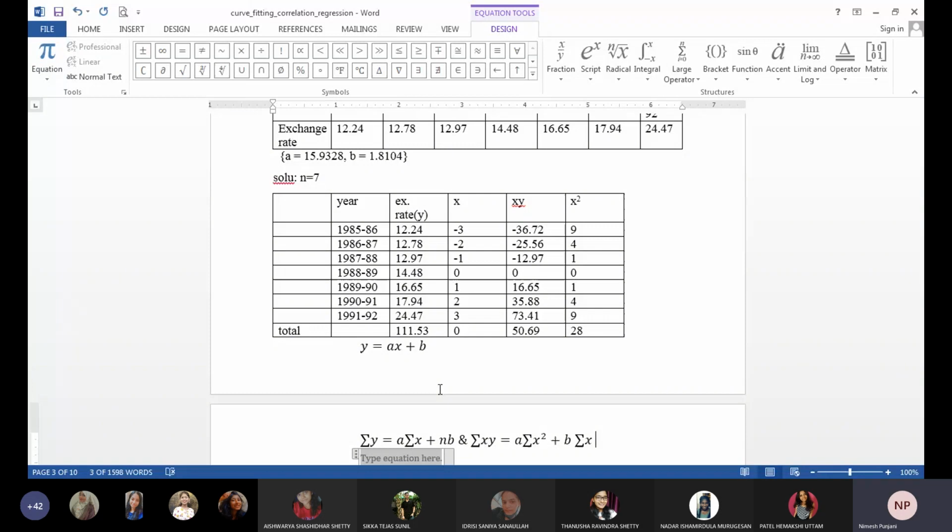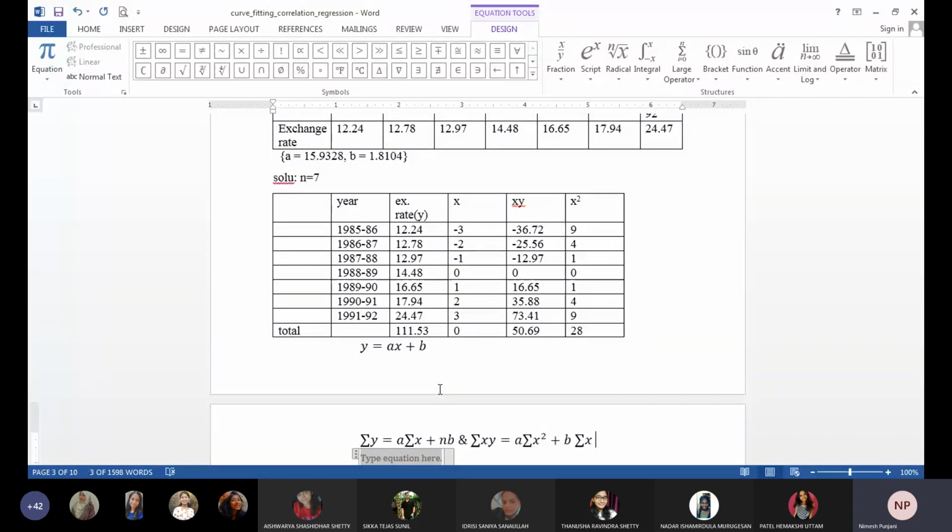Now substitute the values. See, what is the main aim or intention of applying this change of scale and change of origin technique, the way in which we are doing? You will observe that your summation x becomes 0.